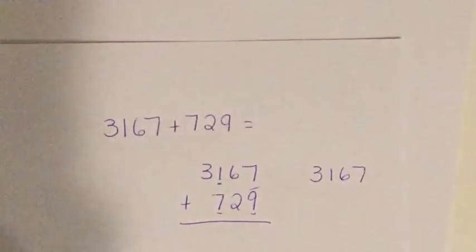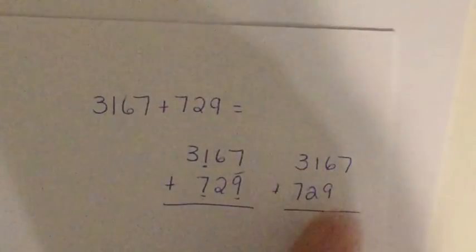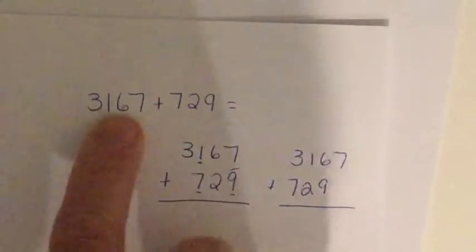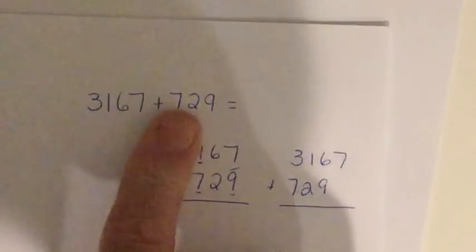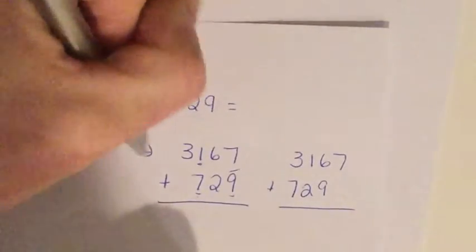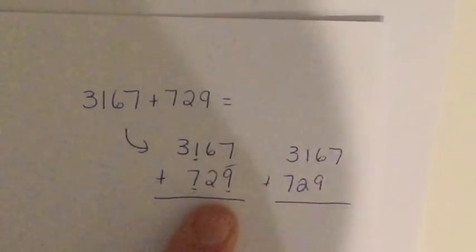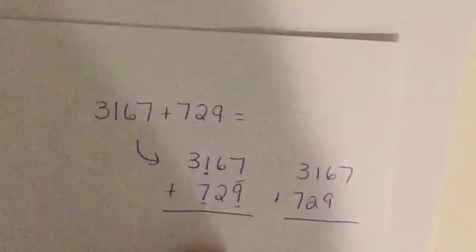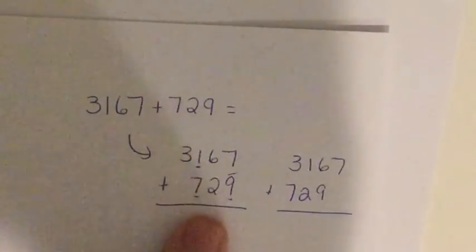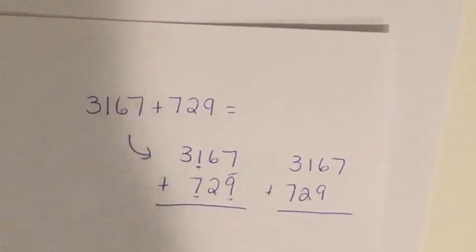We talked about this in class, and I caught a few students making this mistake. So it is good practice to have these set up like this, so when they have to write them themselves, they're writing them nice and neat and organized, and they're lining up the ones with the ones, the tens with the tens, and the hundreds with the hundreds.